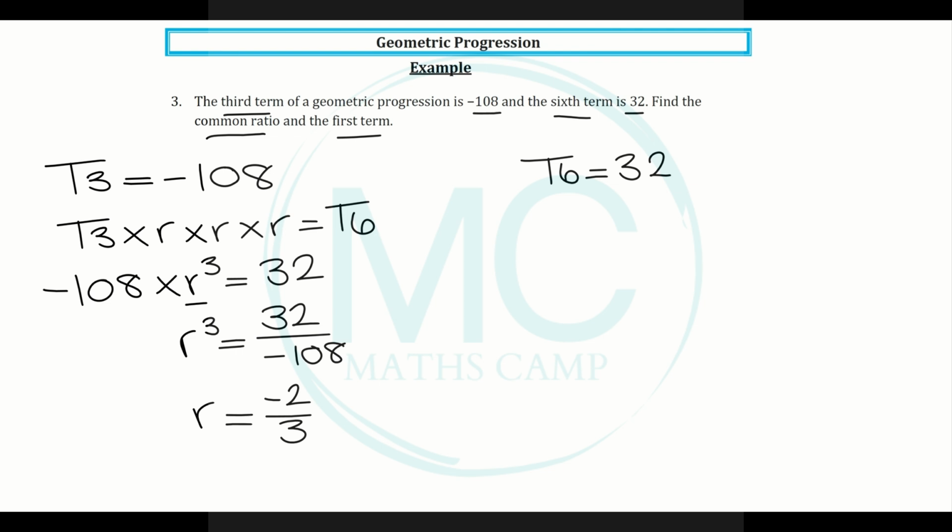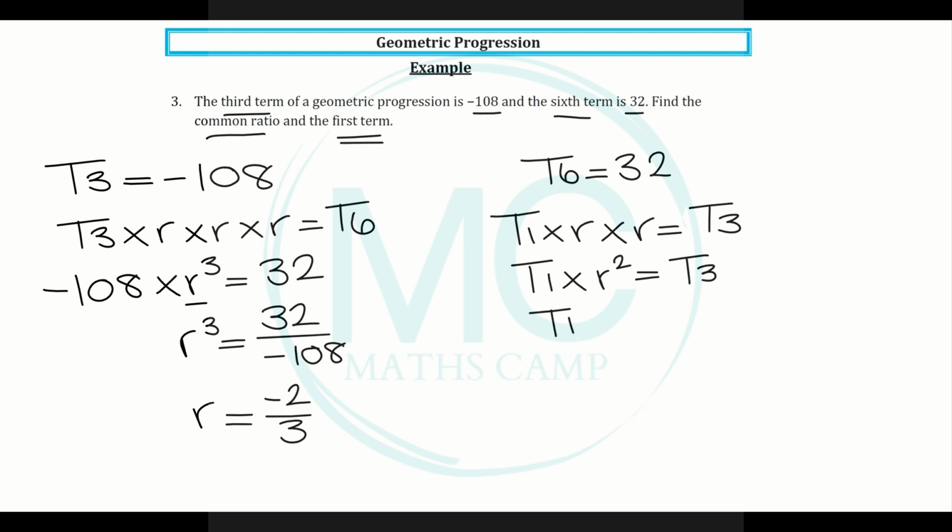The question also wants us to find the first term. And we know that the first term multiplied by r gives us the second term. Multiplied by r again gives us the third term. So term 1 multiplied by r squared gives us our third term. To get term 1 by itself, let's divide both sides by r squared. Term 1 is equal to term 3 over r squared.